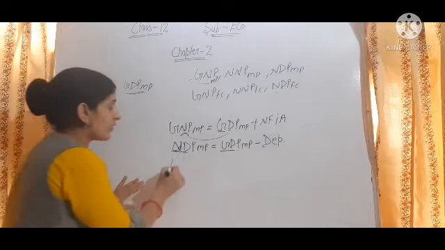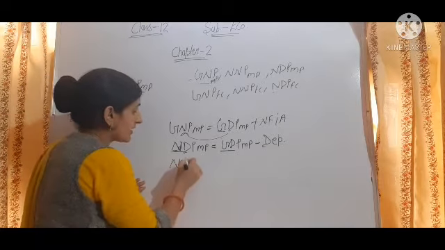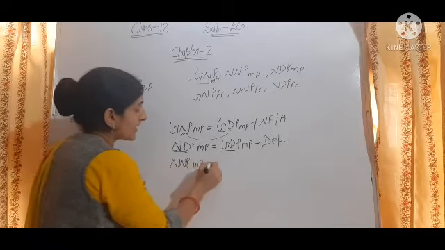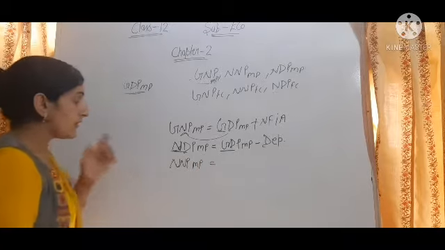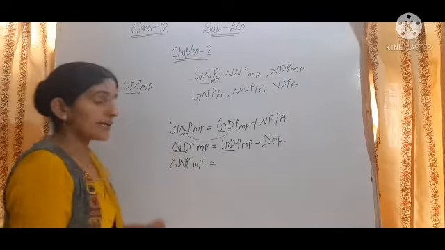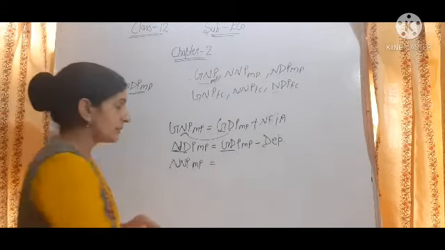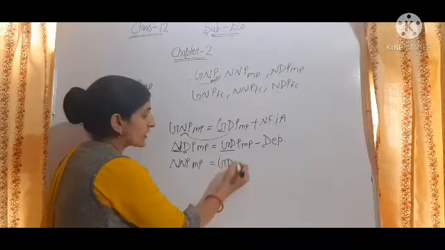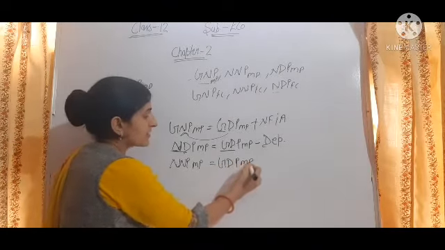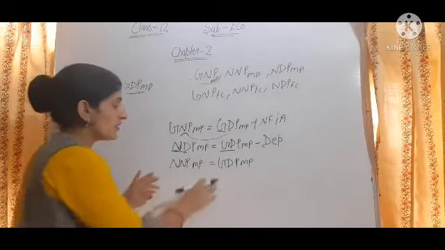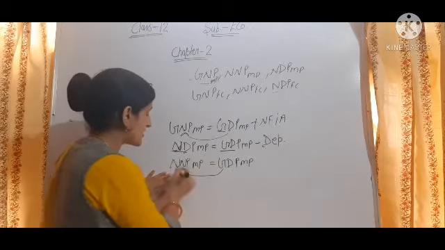Next we have NNP at market price. How will we make NNP at market price from GDP? We have given GDP at market price. Firstly, we have to make this GN.